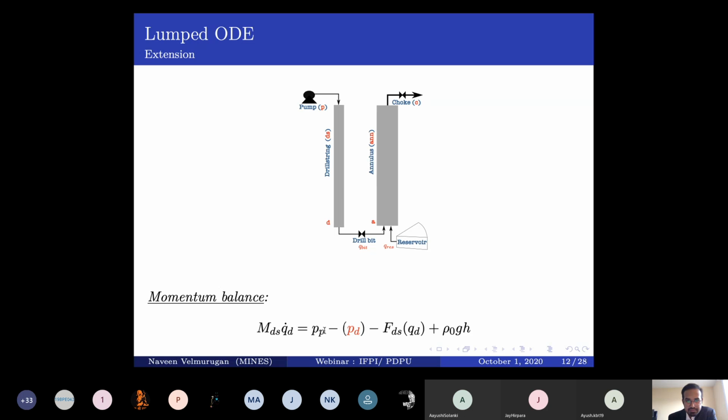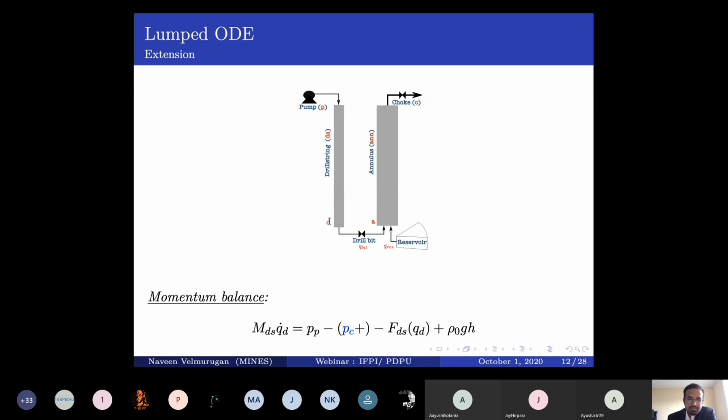PP is the pressure at the pump and PD is the pressure at the bottom of the drill string, minus the frictional terms, that is the frictional function for the drill string, which is a function of the volumetric flow, plus we have the gravitational term, given by rho g h. H is the length of the wellbore. Now, please note, if you need to include the reservoir dynamics and the drill bit dynamics, then we represent PD as a function of the pressure loss from the annular side.